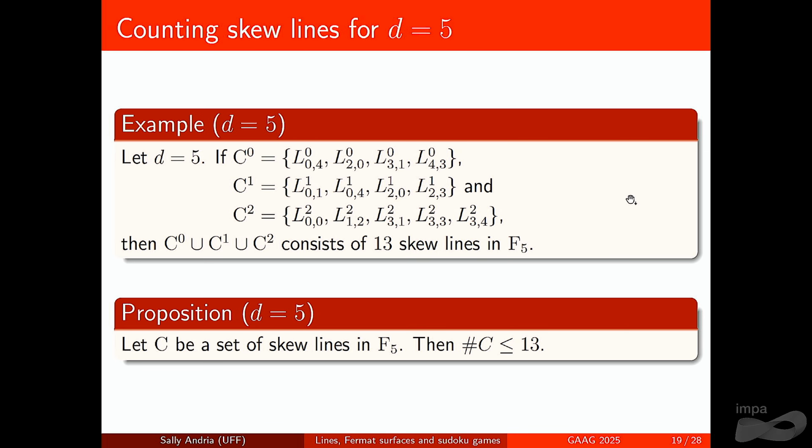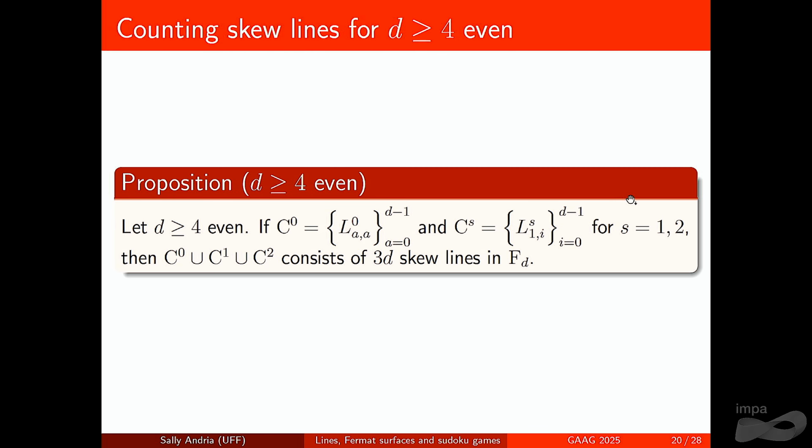It was the last one we found, because we believed it should be 3D, but it wasn't. For the case when D is even, it was simpler. We found an example of a family of skew lines that gives us 3D skew lines.